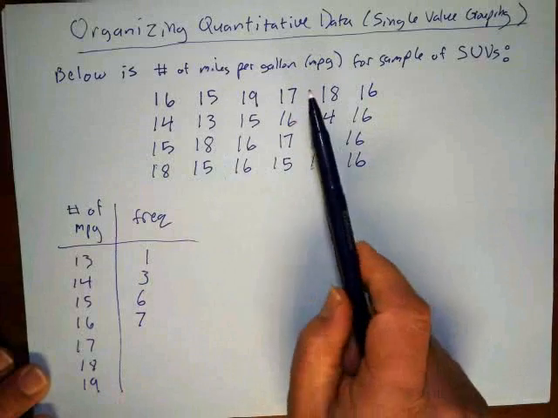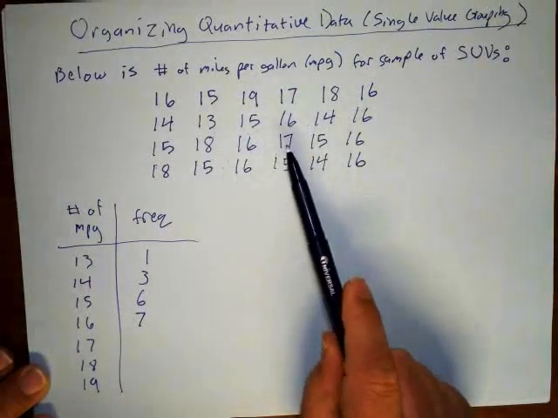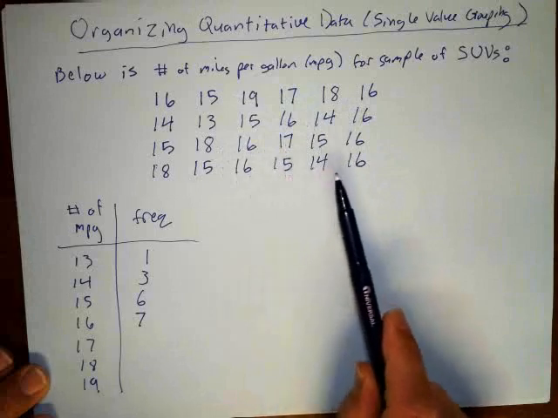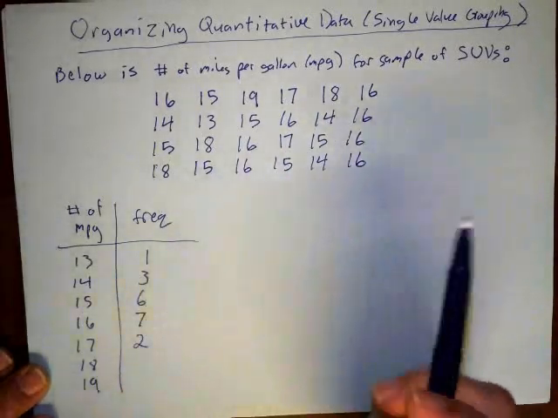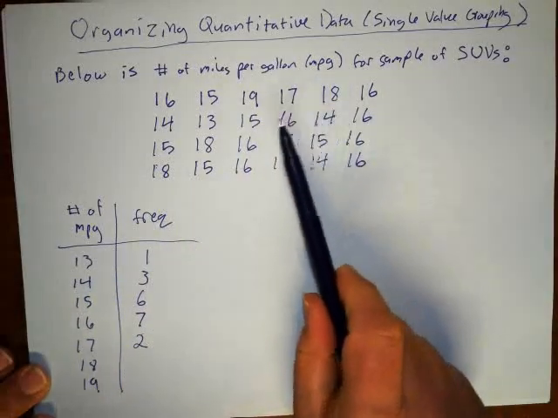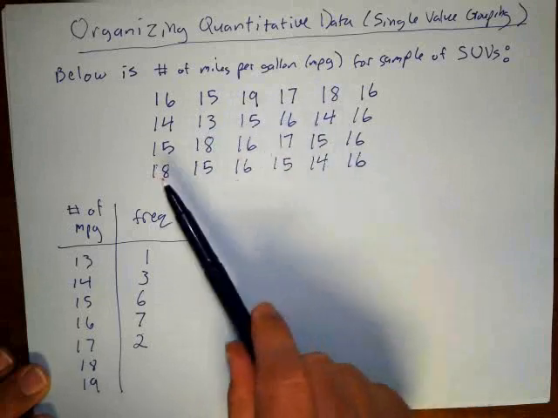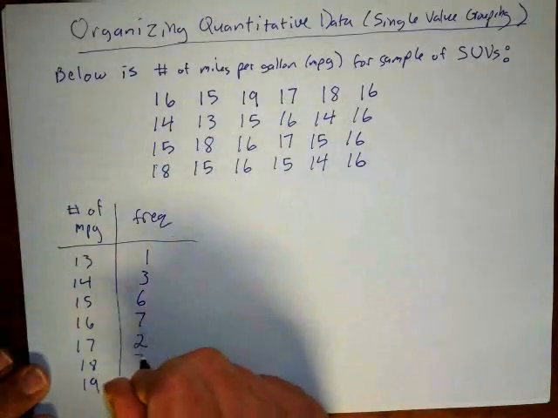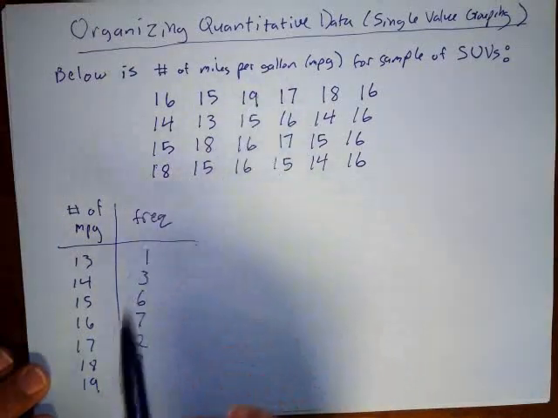For 17, I got 1, 2, and 18, I have 1, 2, 3, and then 19, I think I just have the 1.